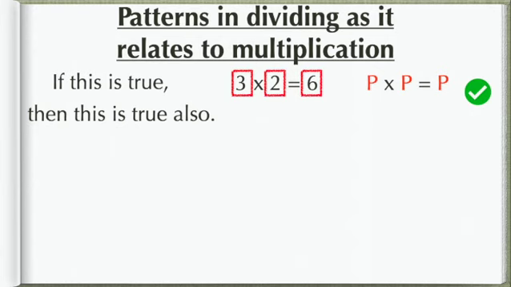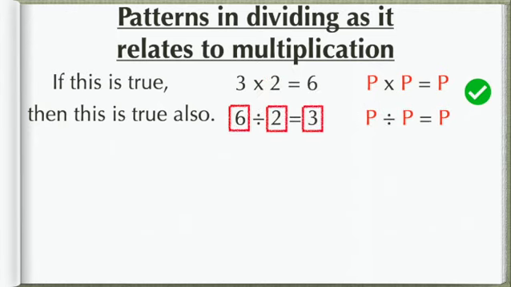You can always understand division when you think about it as the reverse of multiplication, like this. The 6 goes to the front, the 3 goes to the end, and the 2 stays in the middle. So 6 divided by 2 is 3. Thus, a positive divided by a positive is going to be a positive. So if 3 times 2 is 6 is true, then 6 divided by 2 is 3 is also true. And if a positive times a positive is a positive, then a positive divided by a positive is also positive.